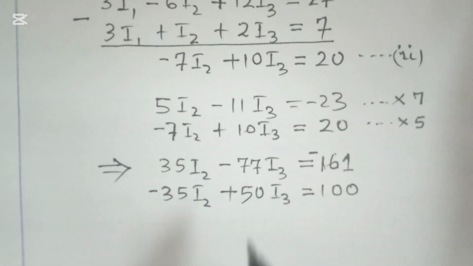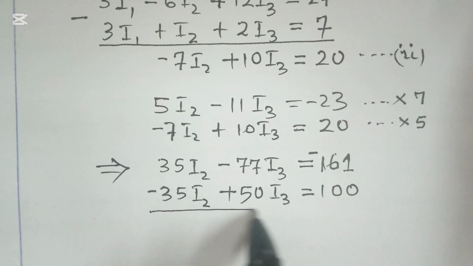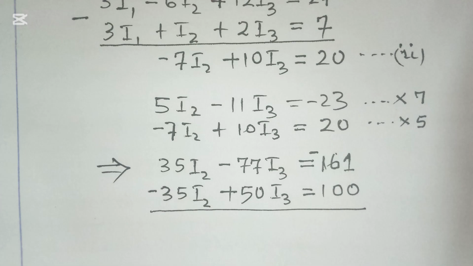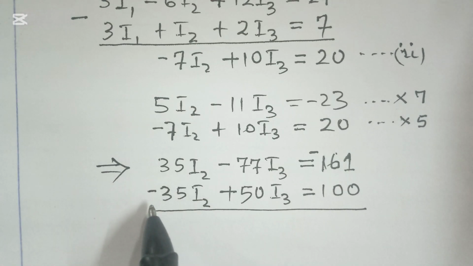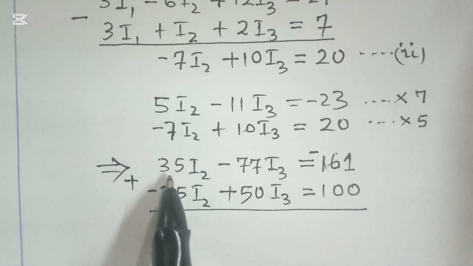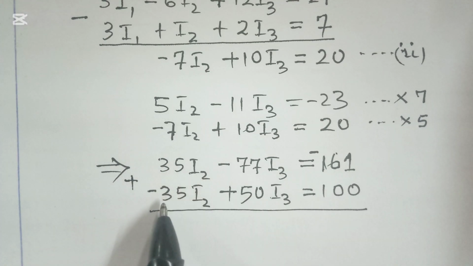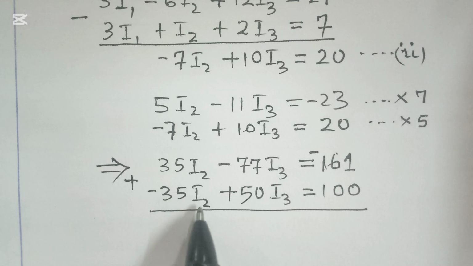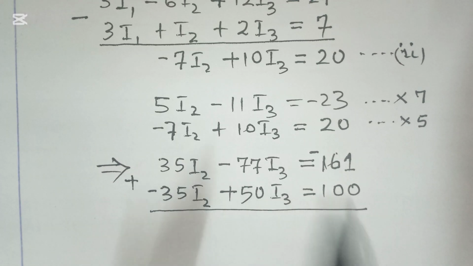So guys, we can now eliminate our I2, and that one we can do by addition here. So if we add 35 I2 plus minus 35 I2, we get 0. So we add everything.